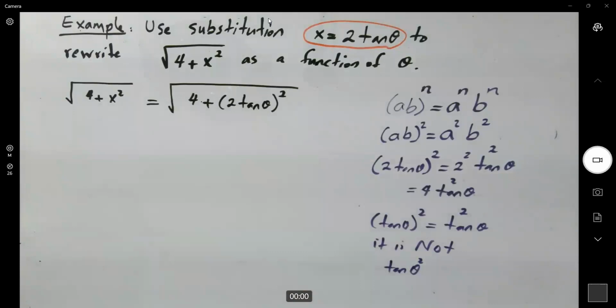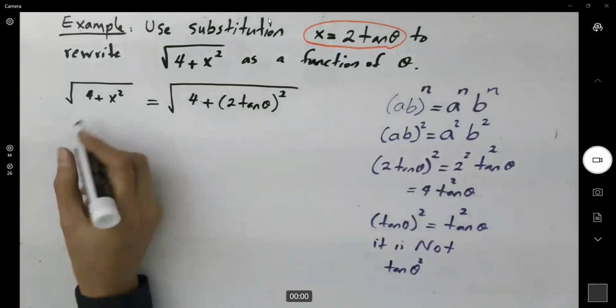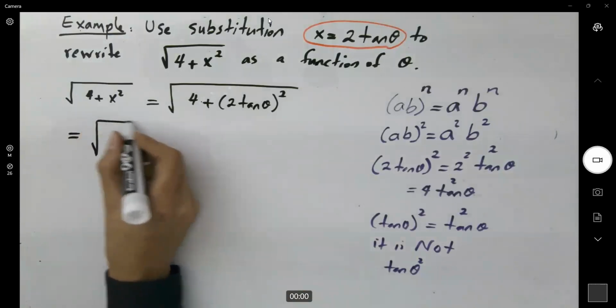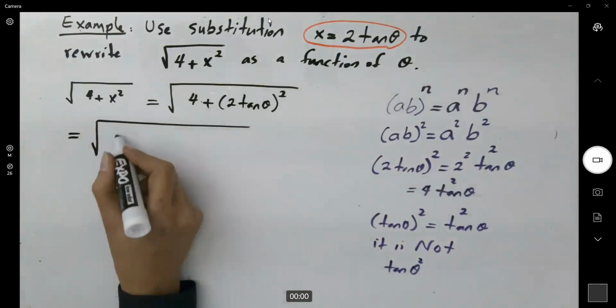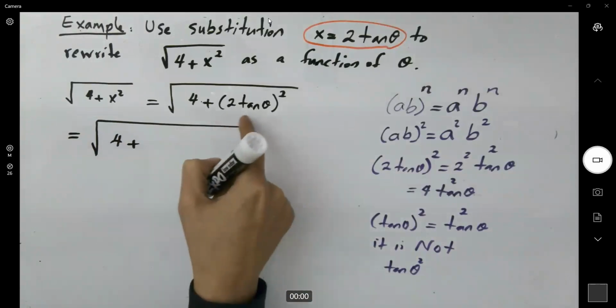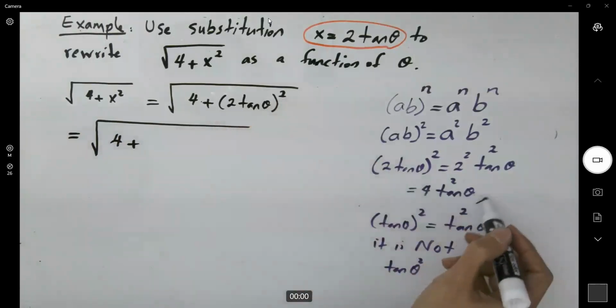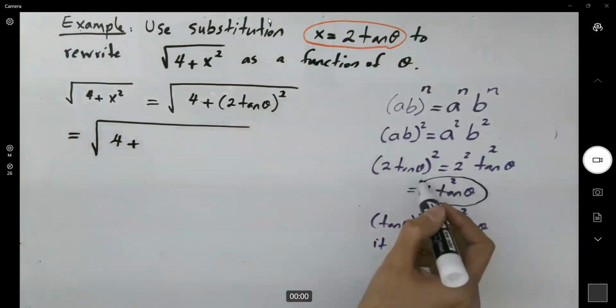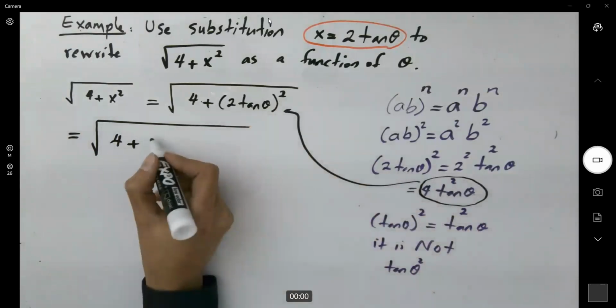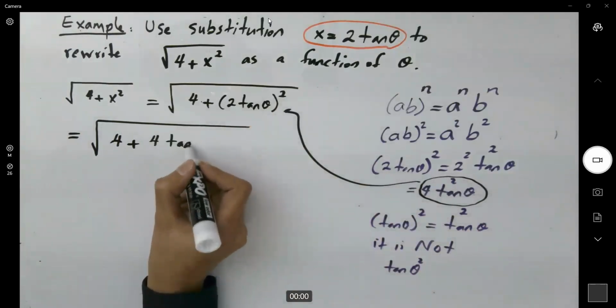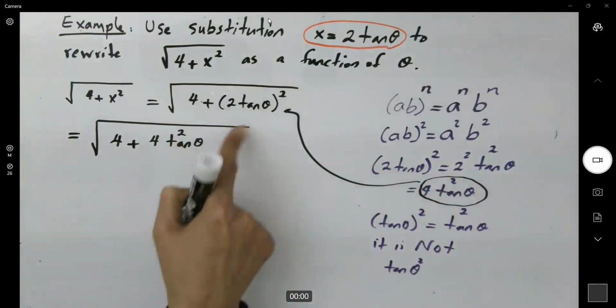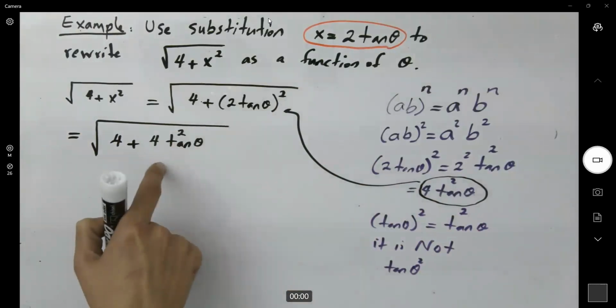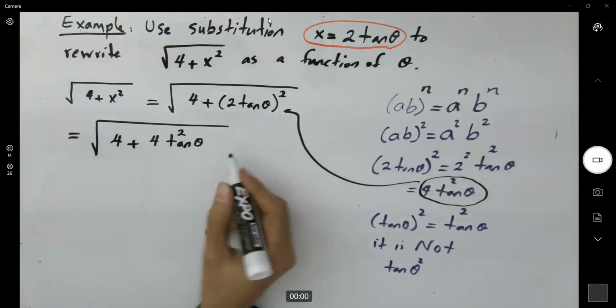Let us go back here. What do I see? I see a radical. I'm going to copy down the radical. I have 4. I'm going to copy down 4. 2 tangent theta to the second is 4 tangent squared of theta. I already know that. So it is 4 times tangent squared of theta. Can I factor out 4? Of course. Why not?